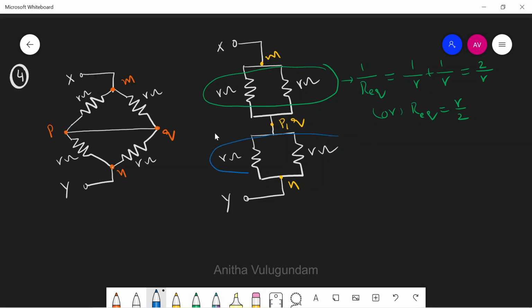And we can write for this branch 1 by R equivalent equals 1 by R plus 1 by R, that equals 2 by R, or R equivalent equals R by 2.